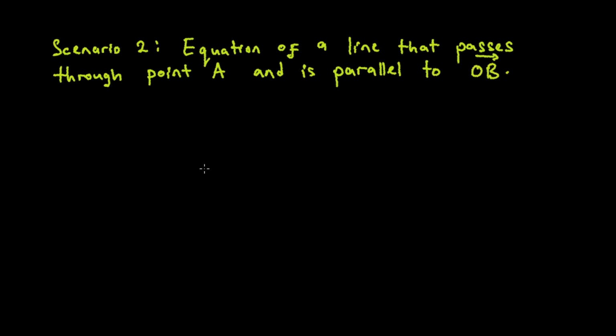Okay, how do we get this? What is the equation of a line? r is equal to position vector plus lambda direction vector.